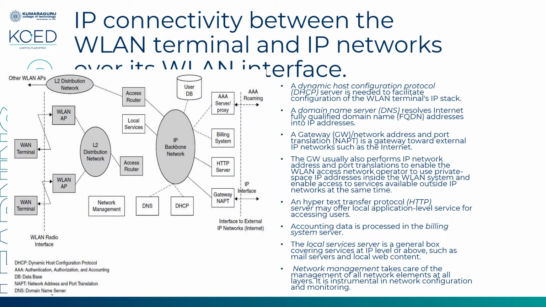Suppose you want to get a service from a server, then the DNS resolves the URL to an IP address, and then we have gateway address translation, and HTTP. You have a built-in AAA function of authentication, authorization, accounting, and we do have network management services and mail service.